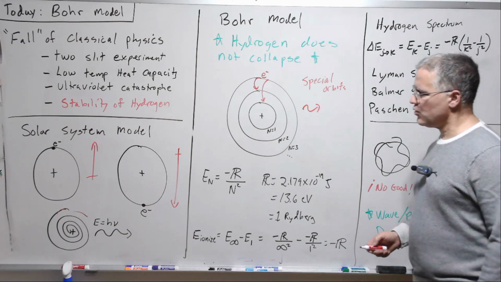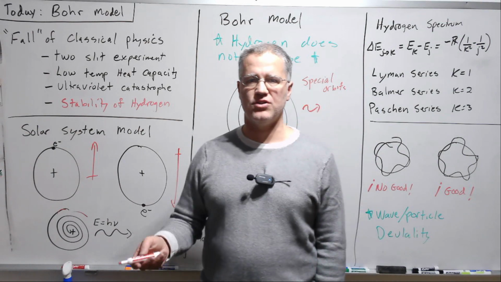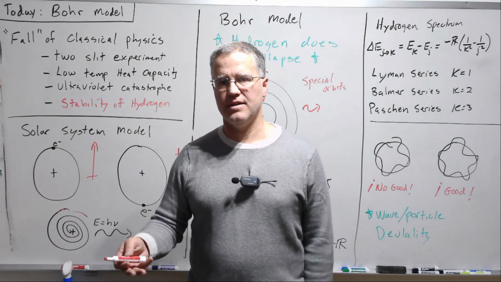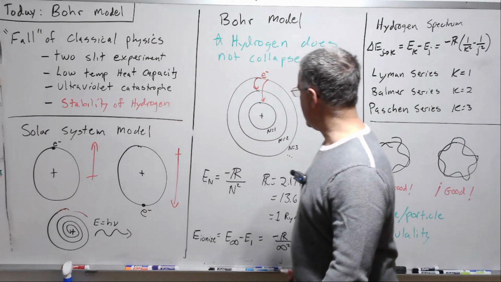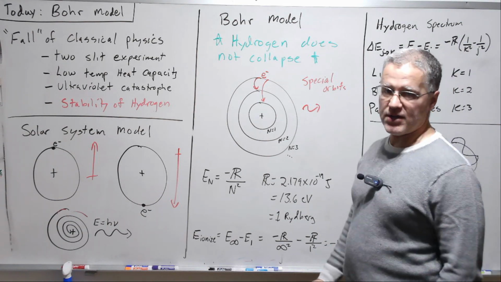With values similar to what we calculated last time with the solar system model, Bohr was able to create a model that is sort of a solar system, but with special orbits, and do some calculations and match the spectral lines.